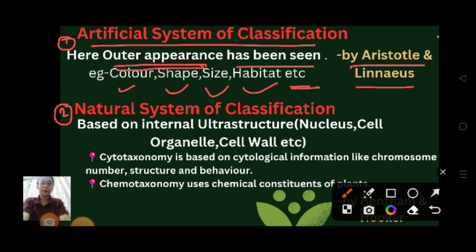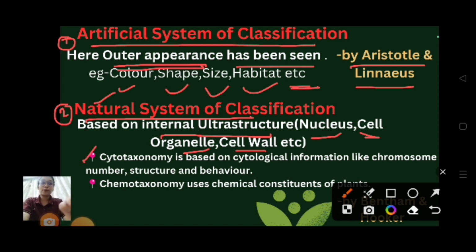Getting? So coming to the next type of classification, that is called the natural system of classification. It is based on the inner structure, the anatomy, the inner ultrastructure, be it nucleus, cell organelle, cell wall, the inner part of your body, that is the anatomical part, is considered in the natural system of classification.